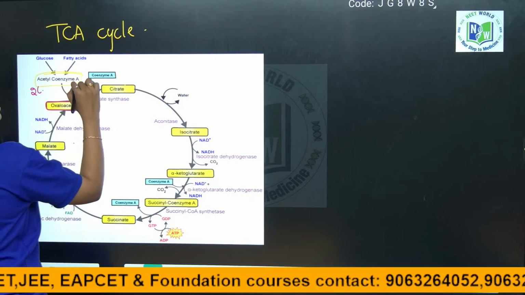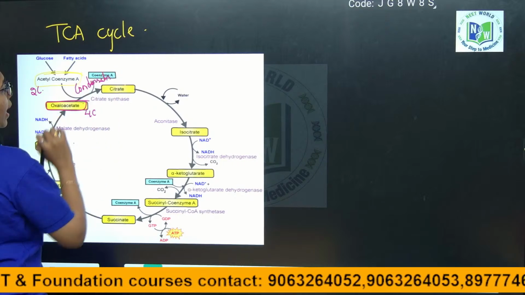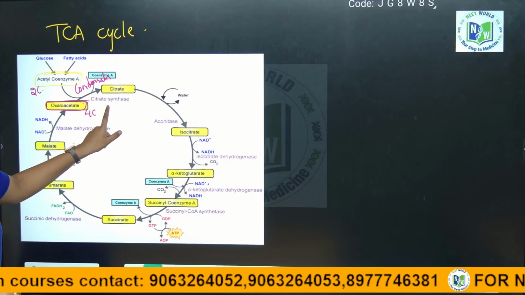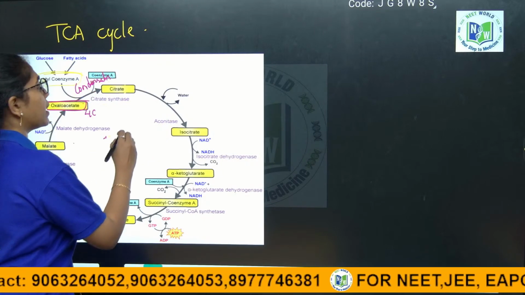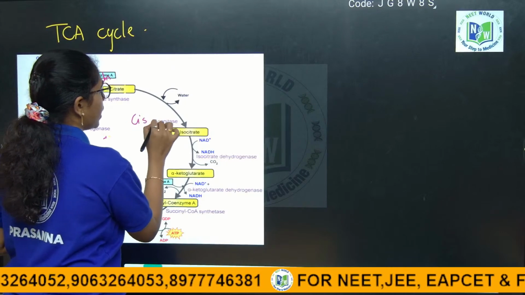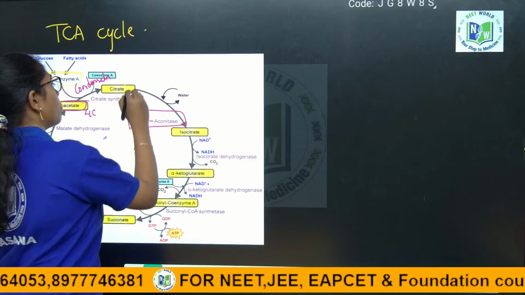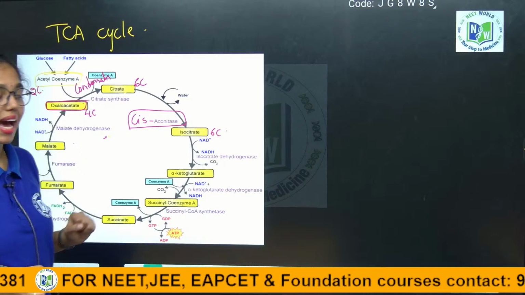Okay, this is a condensation reaction. They form citrate by the enzyme citrate synthase, and then citrate is turned to isocitrate by the enzyme cis-aconitase. Citrate is a 6-carbon compound, isocitrate is also a 6-carbon compound.